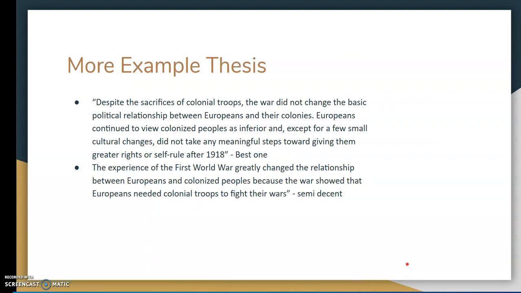Some more theses. Despite the sacrifice of colonial troops, the war did not change the basic political relationship between Europeans and their colonies. Europeans continued to view colonized peoples as inferior, and, except for a few small cultural changes, did not make any meaningful steps toward giving them greater rights or self-rule after 1918.